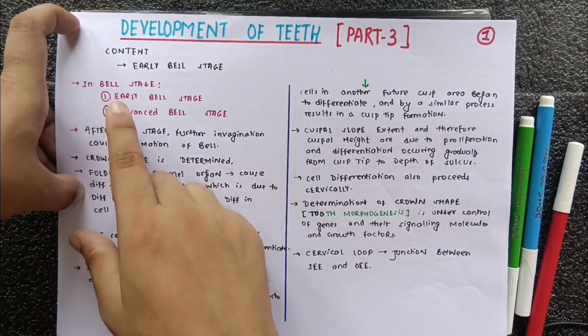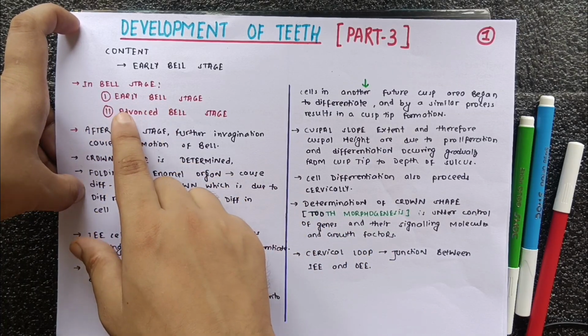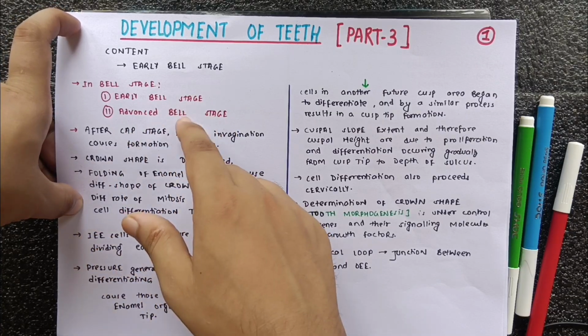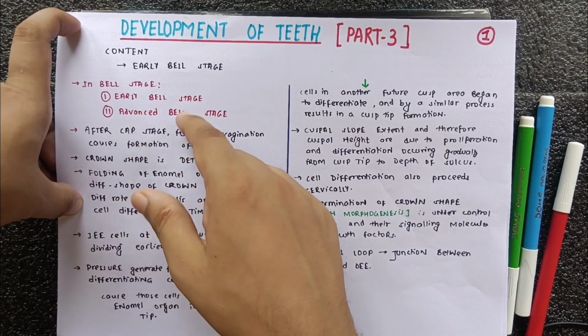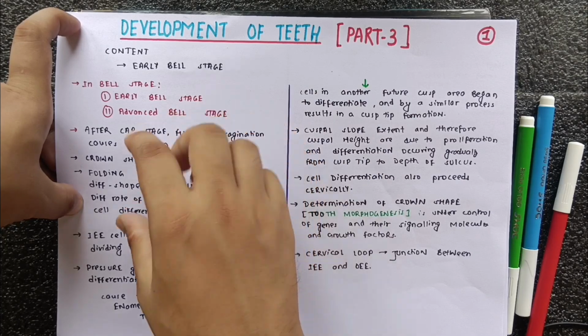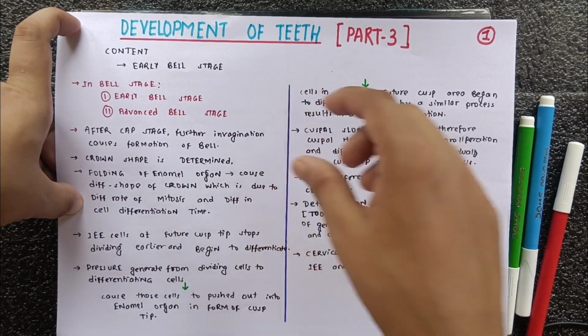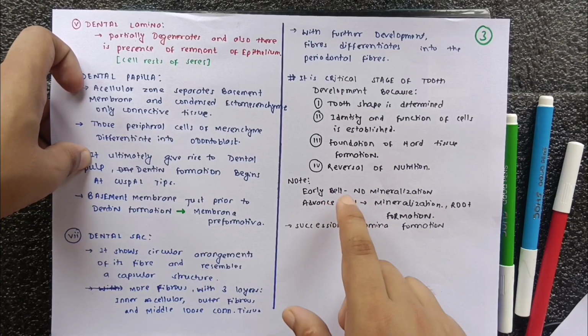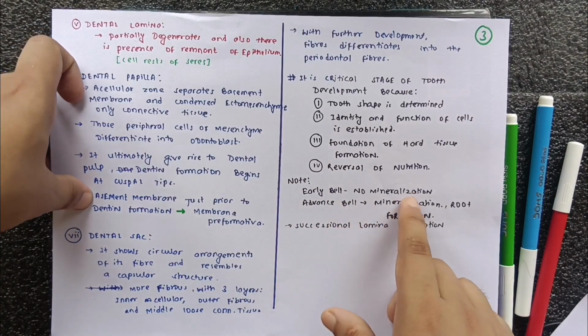In the bell stage there are the early bell stage and the advanced bell stage, and I will discuss how to differentiate between them. The main thing that differentiates early bell from advanced bell is mineralization.